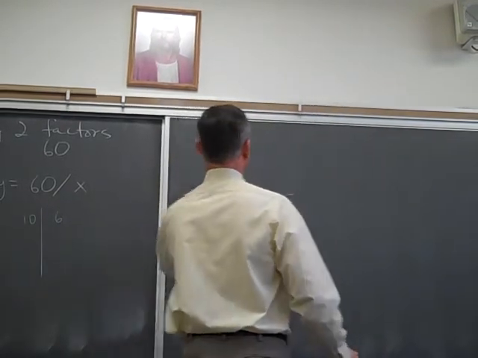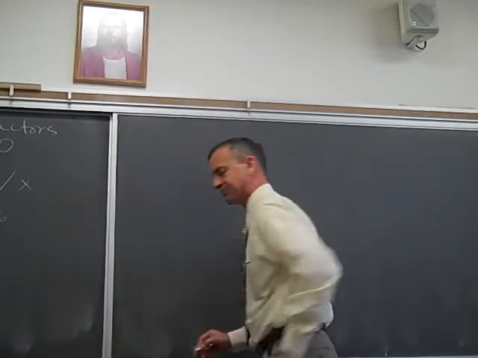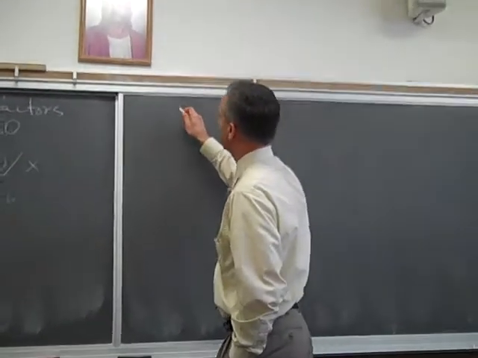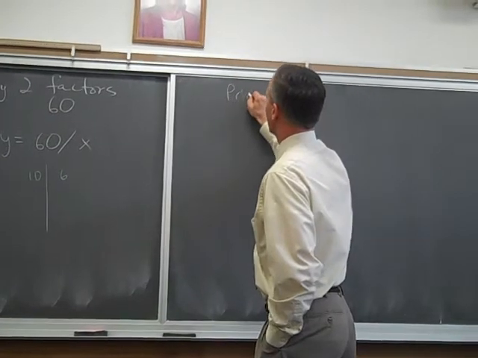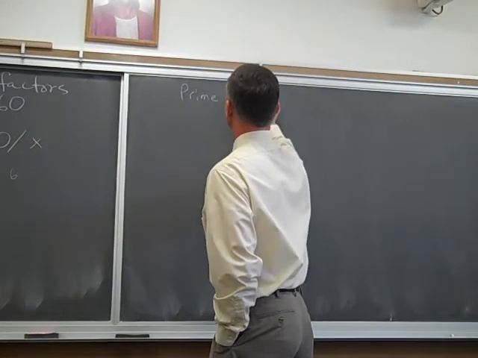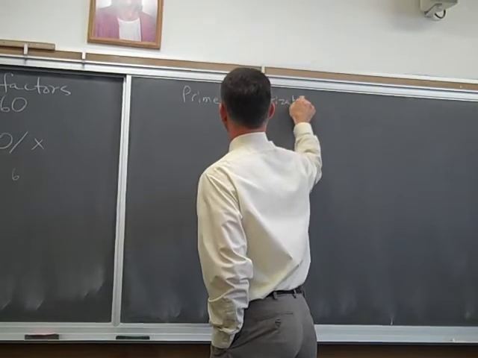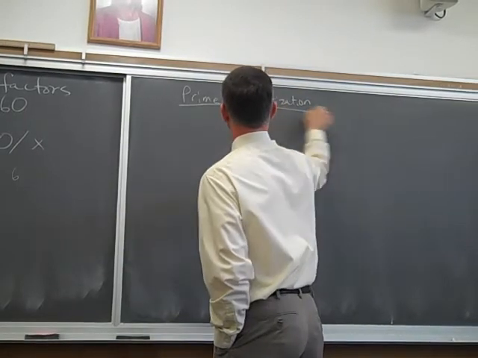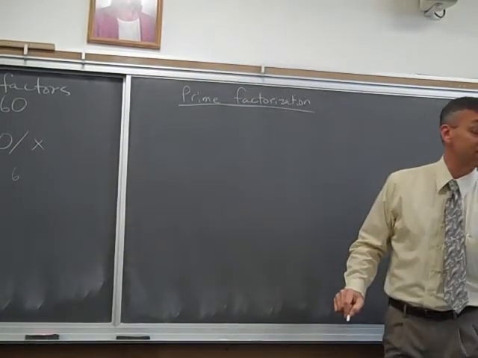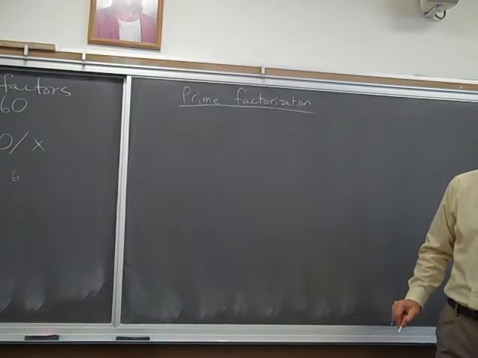Most of you have learned how to do this, but we're going to review it. Prime factorization. This becomes extremely important for us in this unit and for understanding a whole bunch of things.